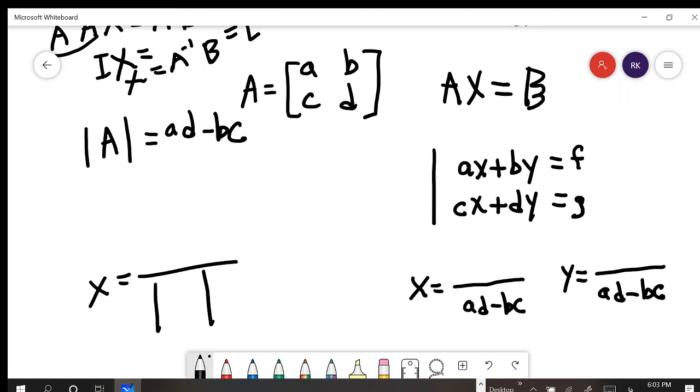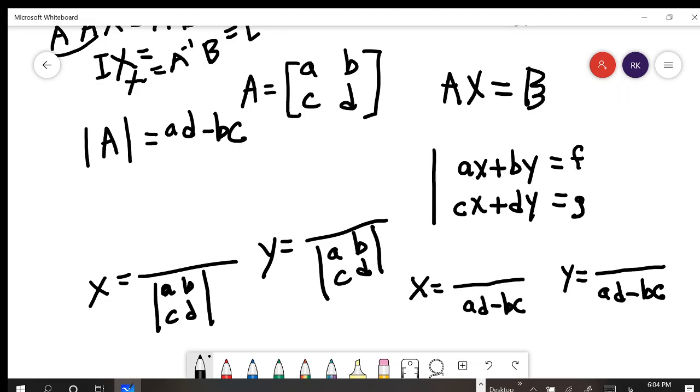Why is it defined this way? Because that's what he realized. That's what you get. So the denominator is the determinant of A, B, C, D, and for y, the same thing.